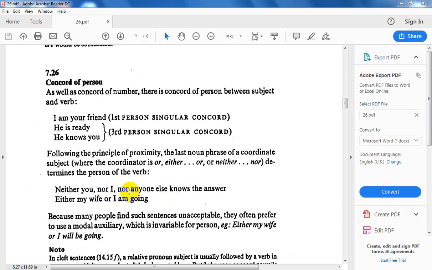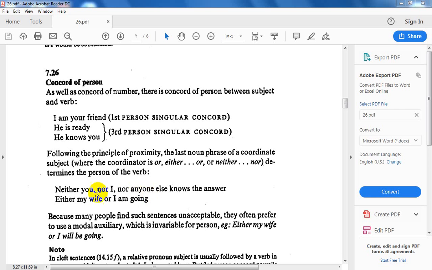I have you, I, and anyone else, so second person, first person, and third person. But I depend on the proximity principle to have a third person singular, because the noun immediately before the verb is third person singular.